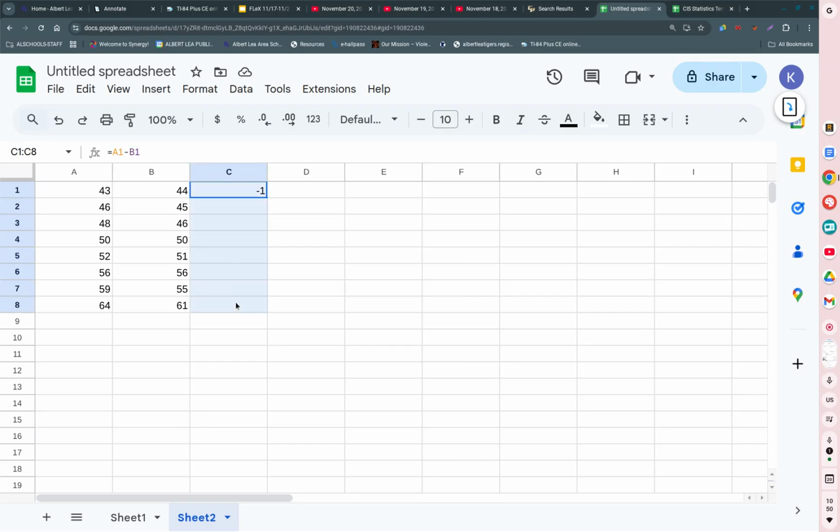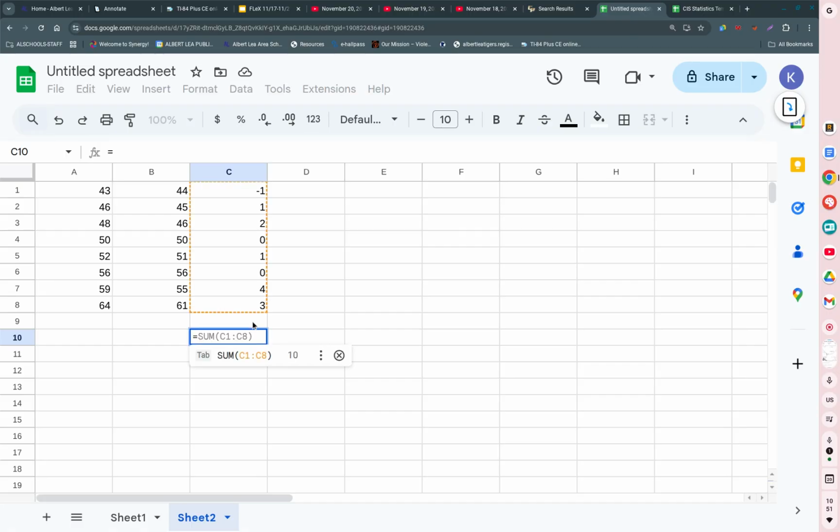And then, as Tegan said, you can autofill or go Control D, and now we'll get the subtraction down the rest of the way. Could you also compute that by hand? Yeah, it wouldn't be any big deal. So, what we want to look at is the mean as well as the standard deviation of this data.